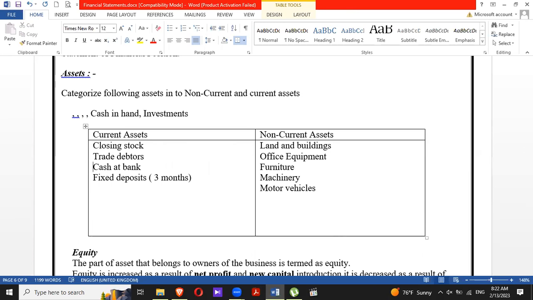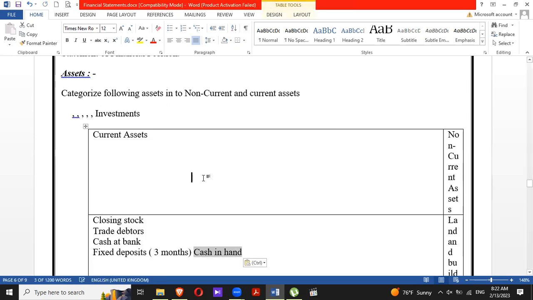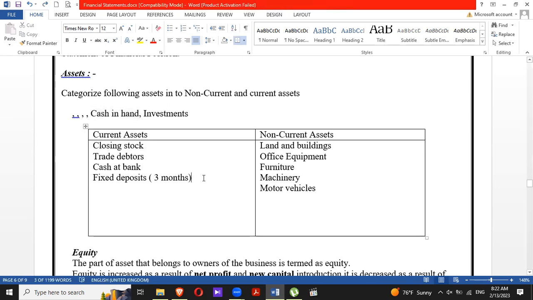We know that current assets mean the assets which are available in the business for less than 1 year. Non-current assets mean the assets which are available in the business for more than 1 year. According to that, these are current assets. Cash in hand and cash at bank are also current assets.